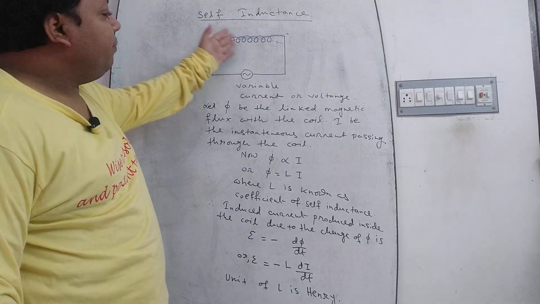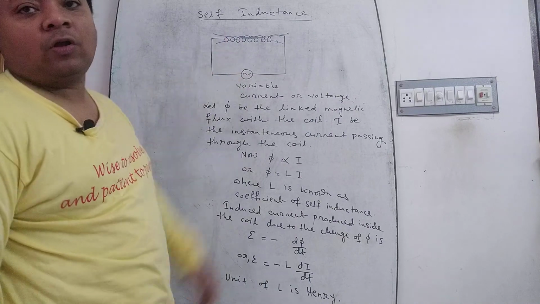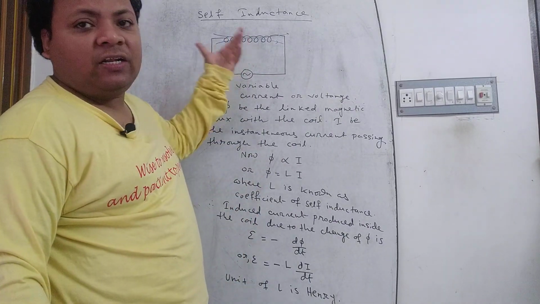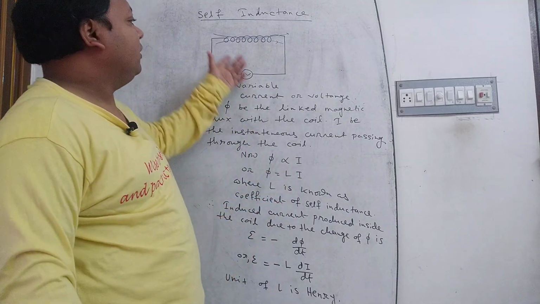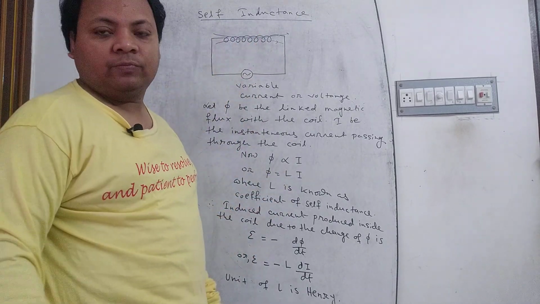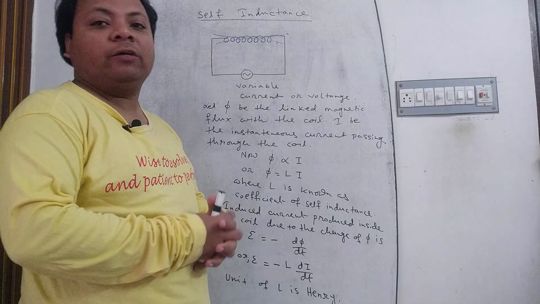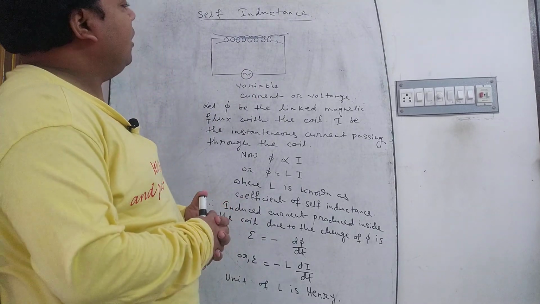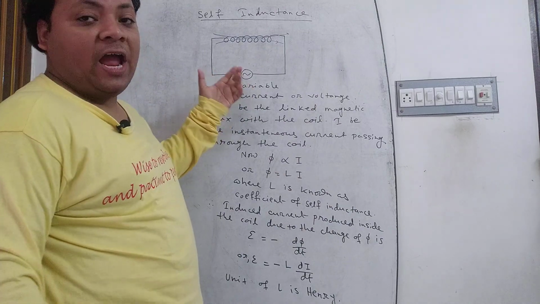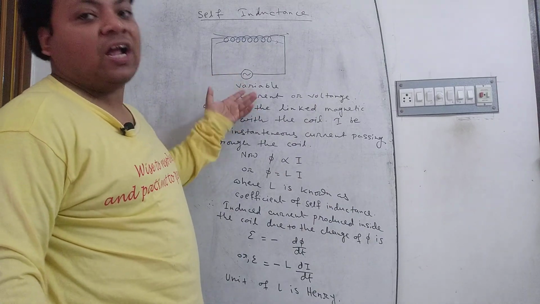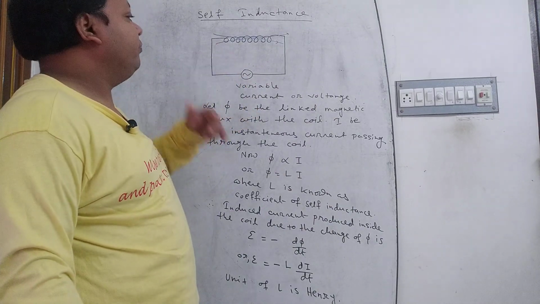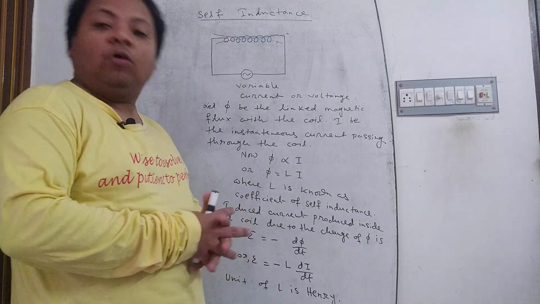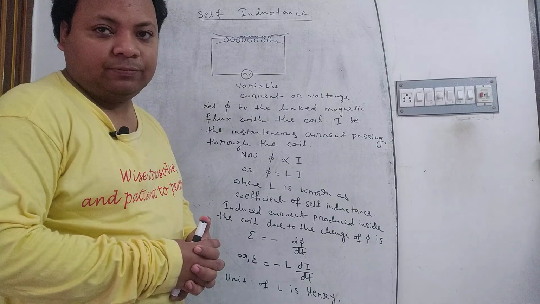When current passes through the coil, a magnetic field is generated in this coil, and this coil behaves like a solenoid. You know that. Now, due to the variation of voltage or current with time, the magnetic field linked with the coil also changes.